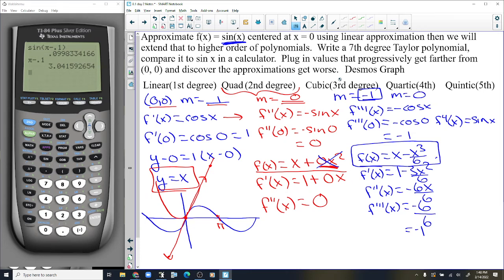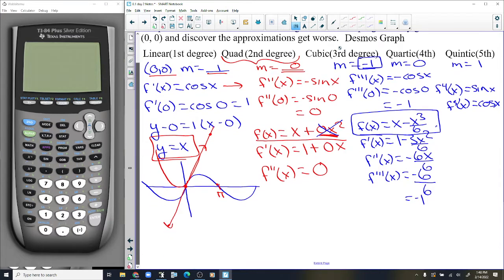Let's go one more. The fifth derivative is cosine of x. We've kind of started back to where we are. It's periodic. Sine's periodic, so now we're back to here. But the fifth derivative is 1. All right, I'm kind of all over the place here. I'm going to add on to this function right here.